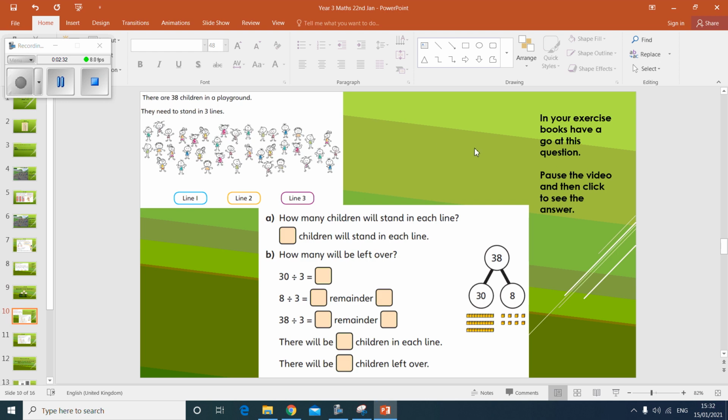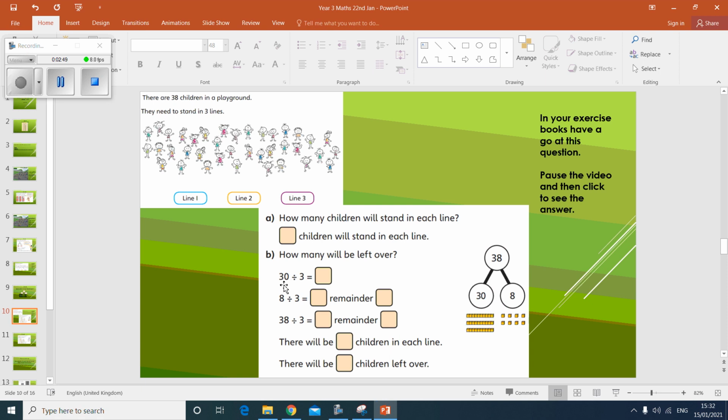So in your exercise books now, we're going to work on 38 being shared between 3 lines. I want to know how many children will stand in each line and how many children will be left over. So we can see partitions again of 30 and 8.